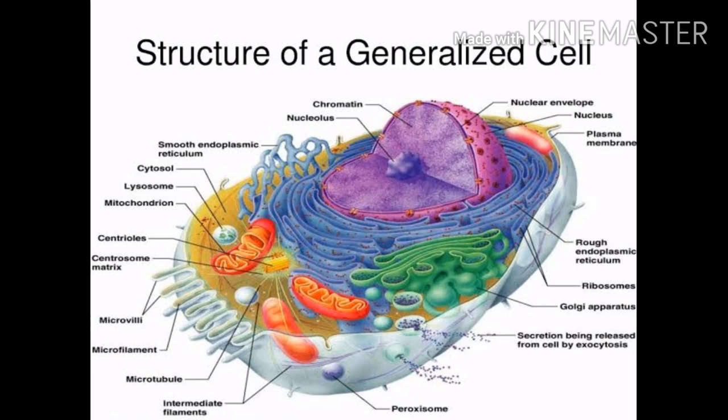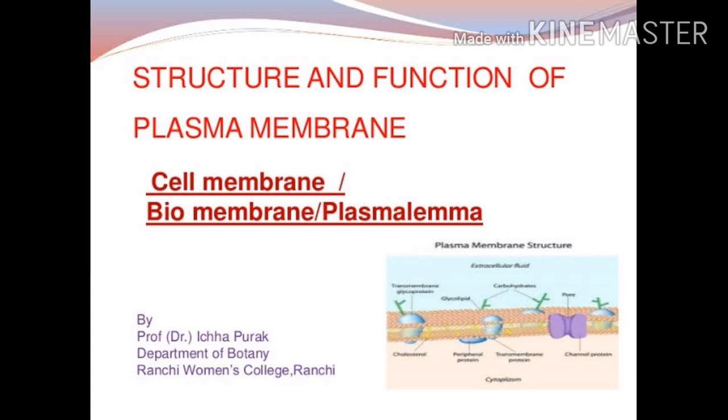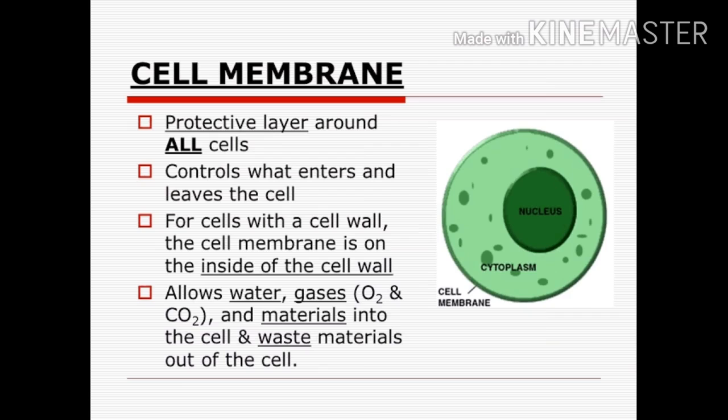But the main part of the generalized cell is the cell membrane or the biomembrane or the plasma lemma. What exactly do we understand by the cell membrane? Cell membrane is a part of the cell that is present in both plant and animal cells. It is a protective layer around all the cells.